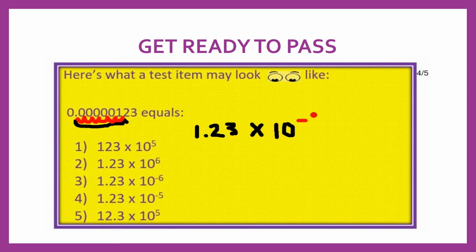That's going to give us a negative 6. So to turn this value into a scientific notation form, we end up with 1.23 times 10 to the negative 6th power. When we come over here to our options, we see that option 3 is the correct choice in terms of answering this particular problem.